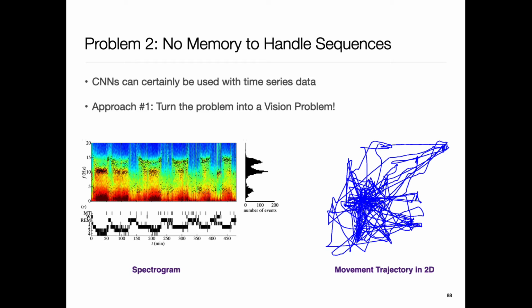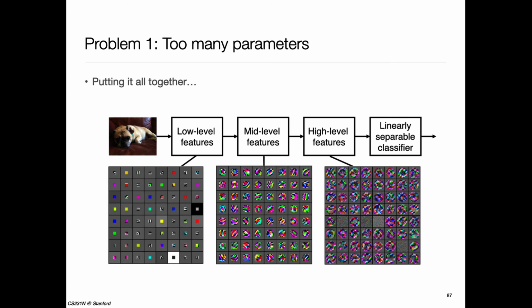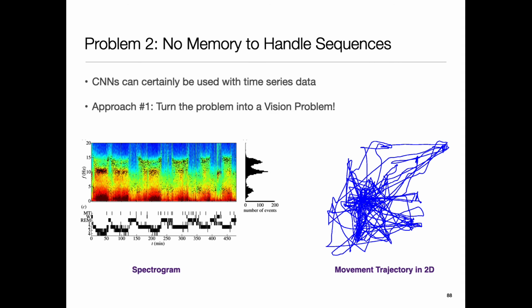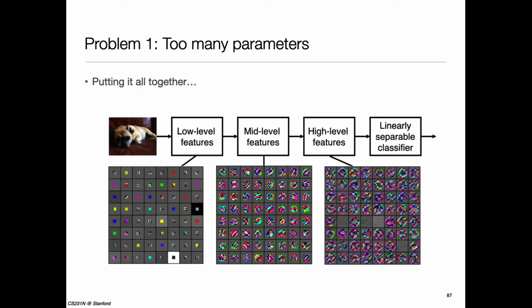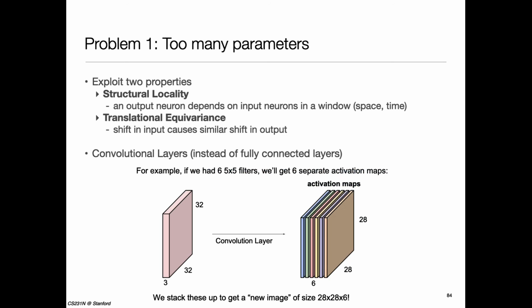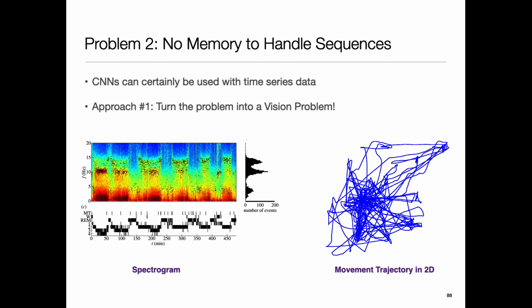Okay, so that was images. The next issue we face is that this architecture, with all this convolution, is entirely memoryless. In digital logic terms, it's purely combinational logic.